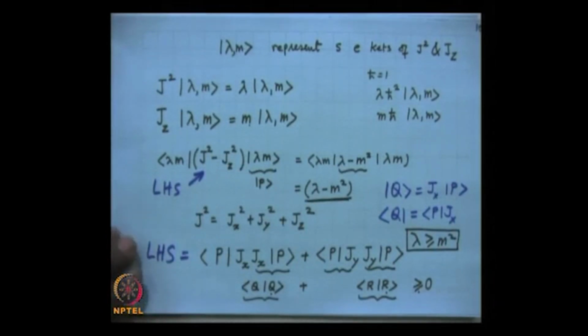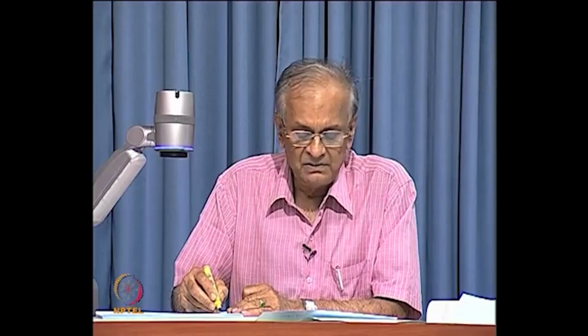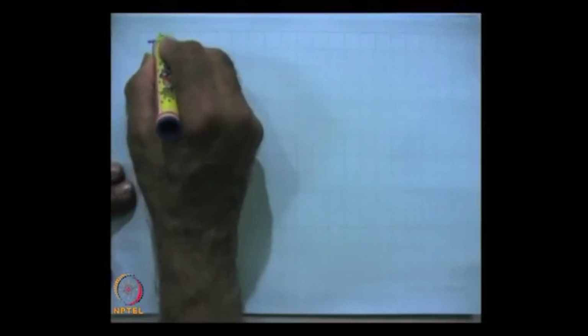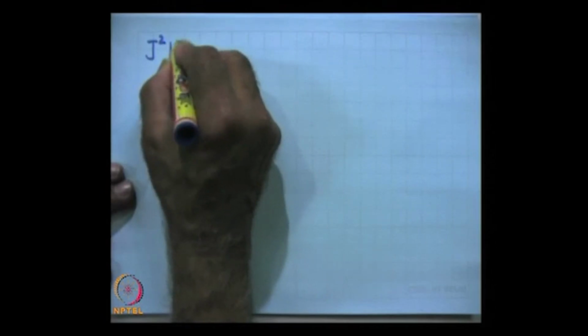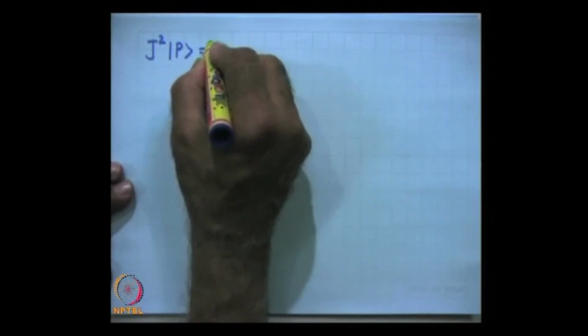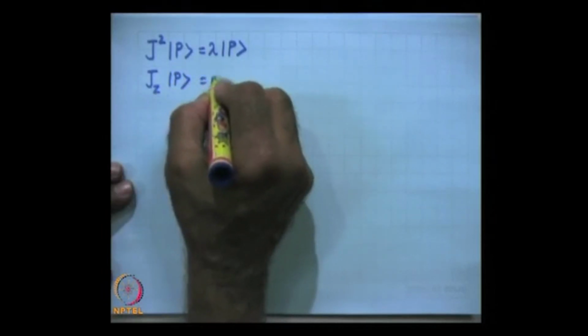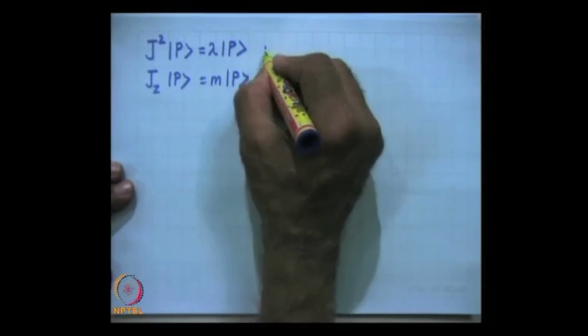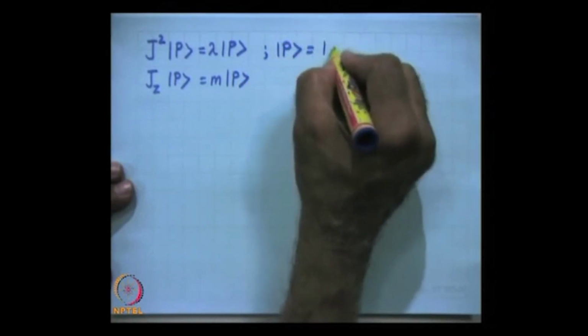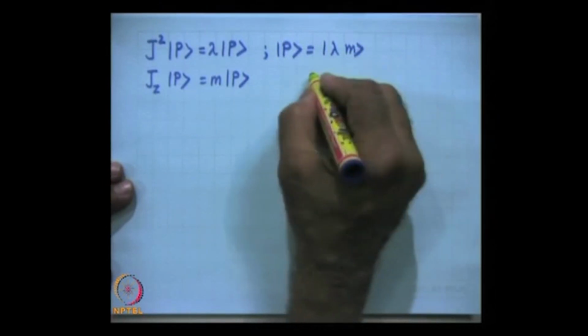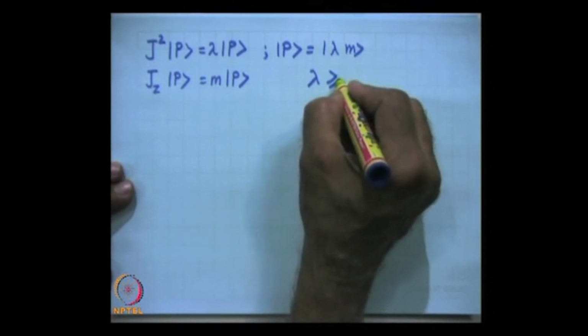Now, we have the very important result: let ket p, which is ket lambda m, be a simultaneous eigenket of the operator j square and jz. Then we have derived the very important relation that lambda must be greater than or equal to m square.